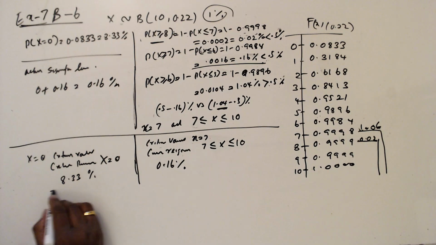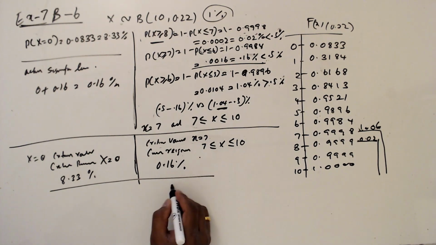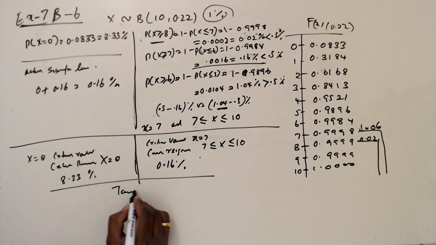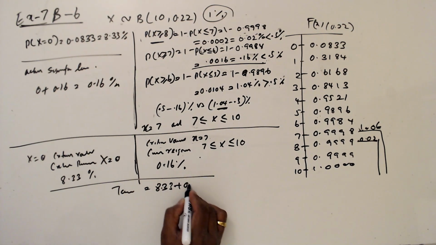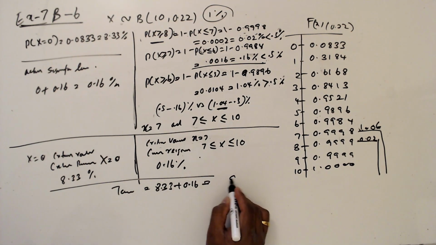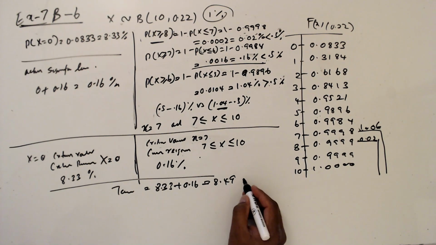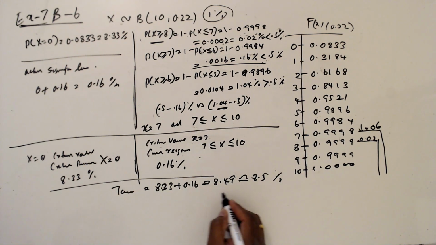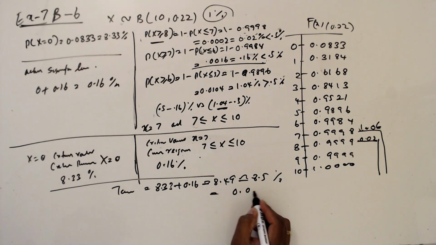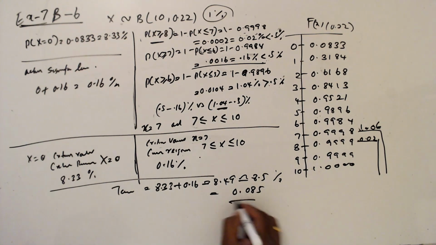So the total is going to be 8.33 plus 0.16, that is 8.49, approximately 8.5 as a percentage, or 0.085 as a probability.